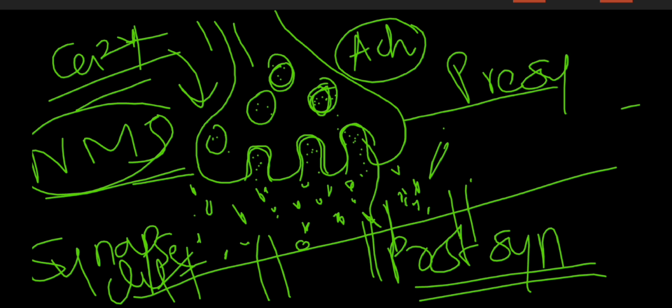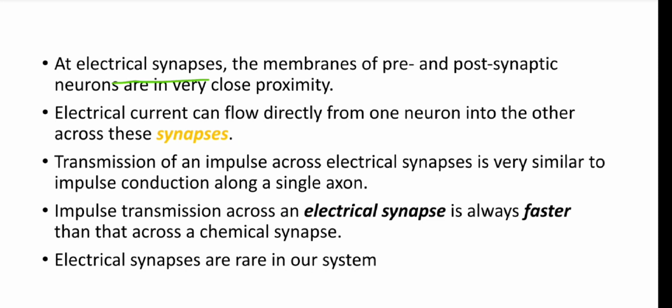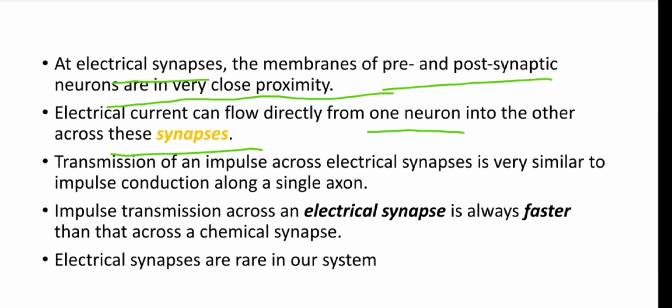In electrical synapses, the membranes of the pre- and postsynaptic neurons are in very close proximity. Electrical current can flow directly from one neuron into the other through the synapses, so it can travel from one neuron to the next.